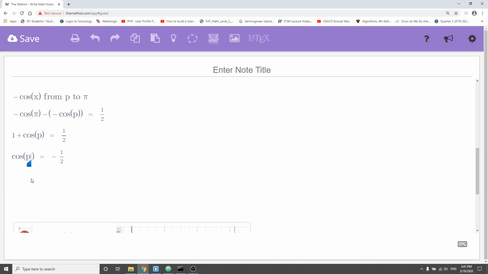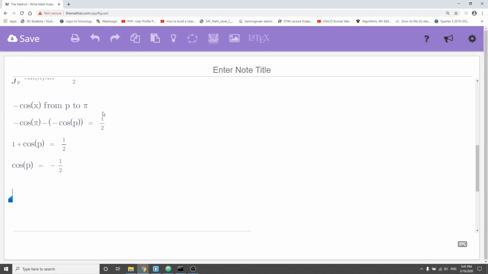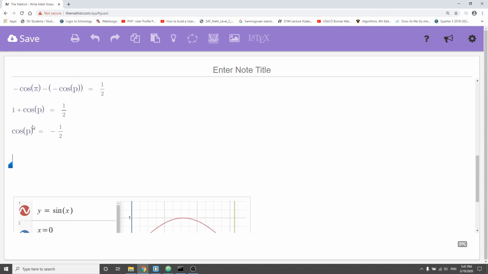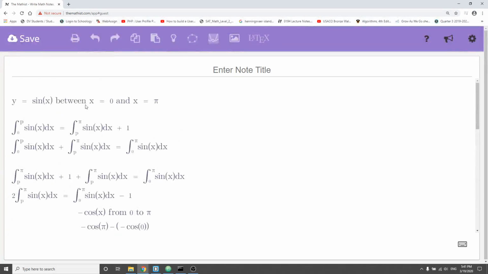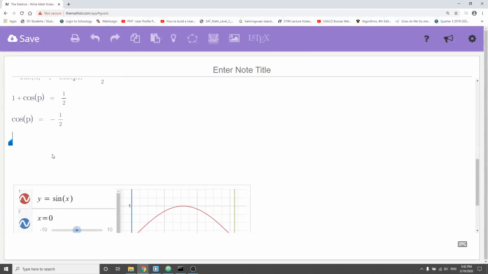We can use now a triangle, or basically if you have a unit circle memorized, you can use that too. But first of all, we should be careful that p is defined to be between 0 and pi, right? Because this entire question is between those two parameters. So let's keep that in mind. So p is between 0 and pi.